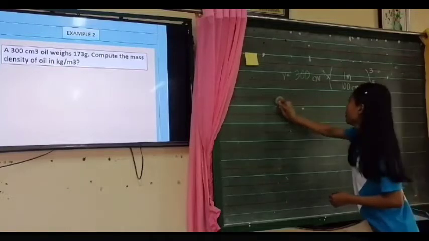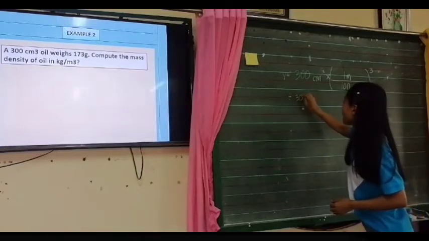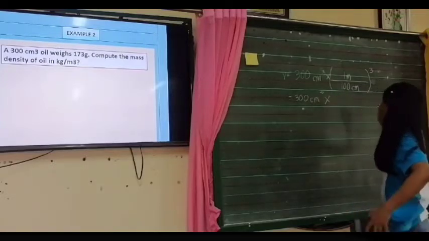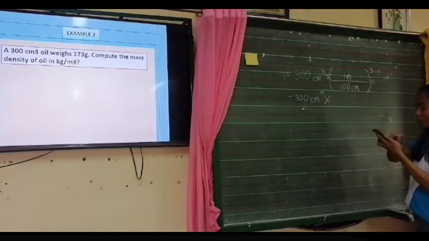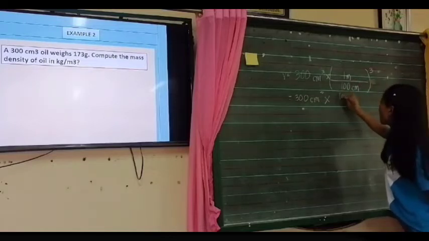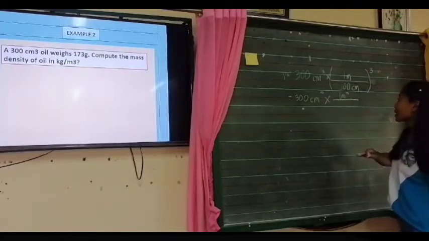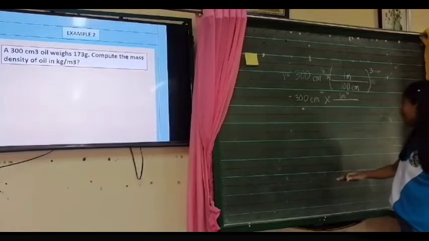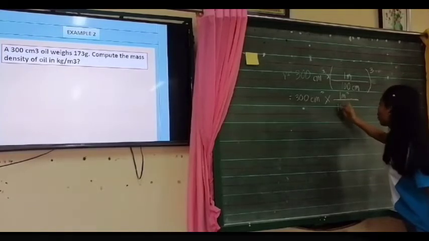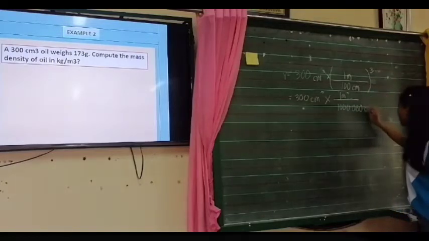300 cubic centimeter times by 1 meter cube is equal to 100 centimeter cube, or 100 times 100 times 100 cm, which is equal to 1 million cubic centimeter.